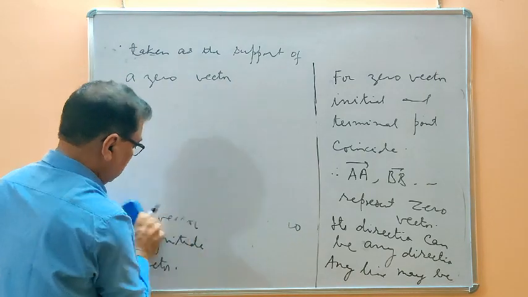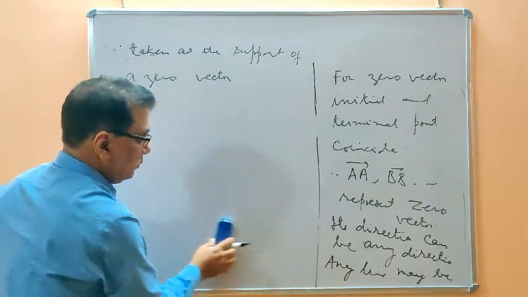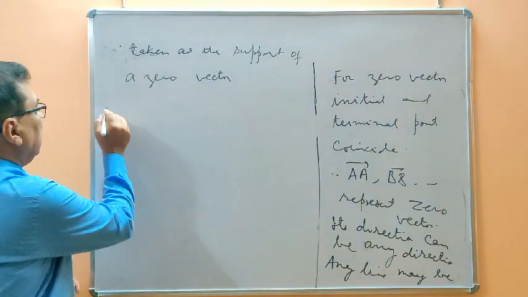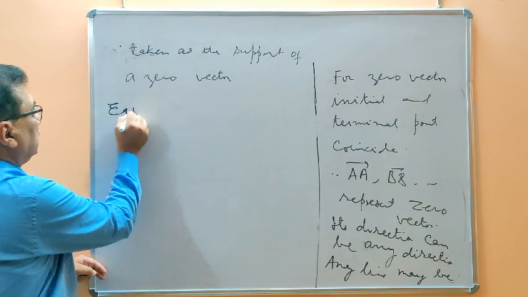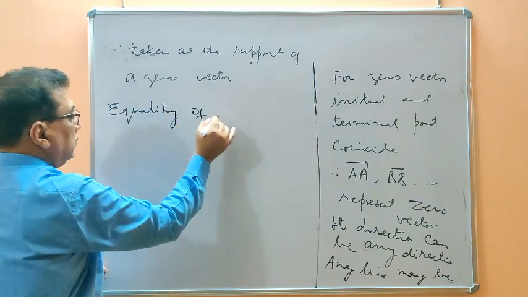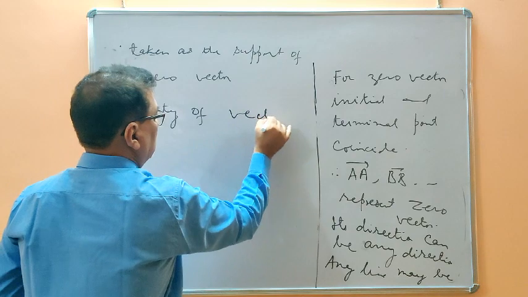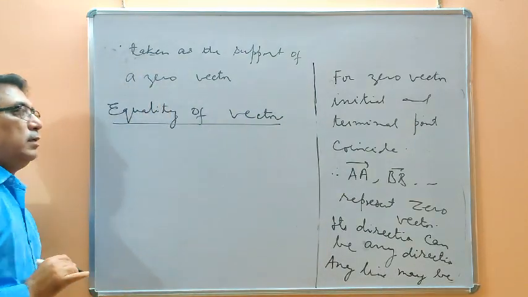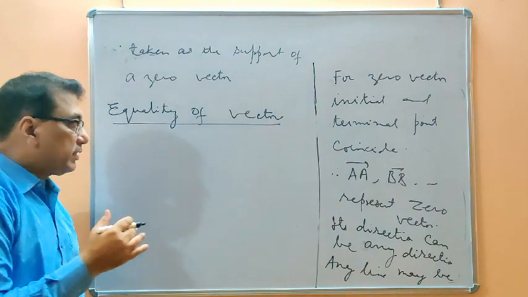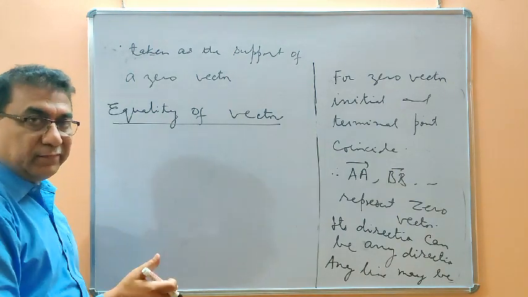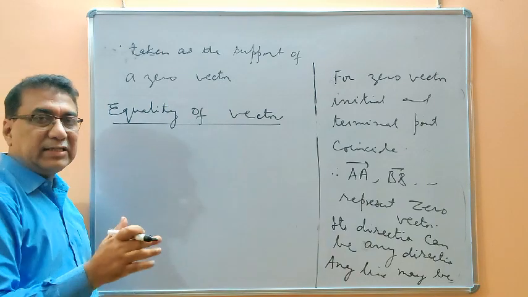next, the meaning of equality of vectors. Okay, so again we have to discuss this term in terms of magnitude, direction and support.